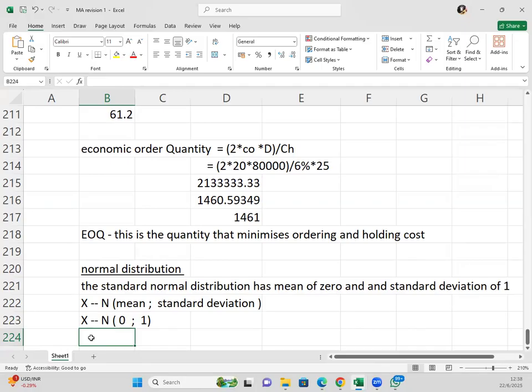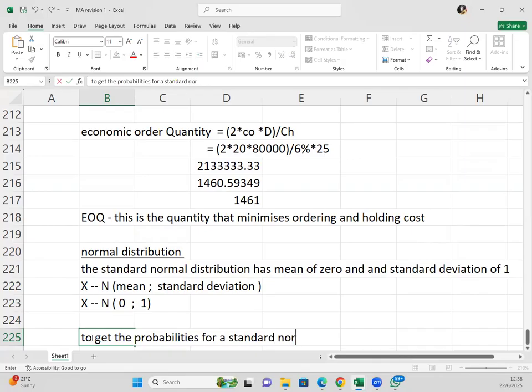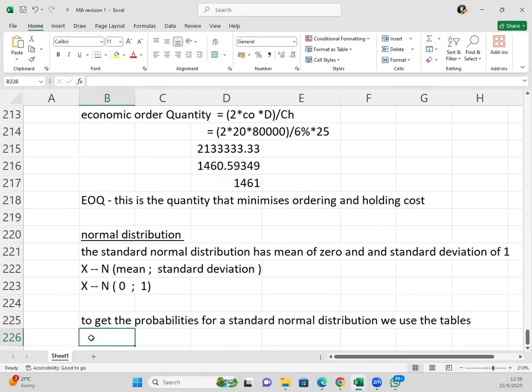So for the standard normal distribution, to get the probabilities, we use the tables. I will simply go to the tables and use the table.